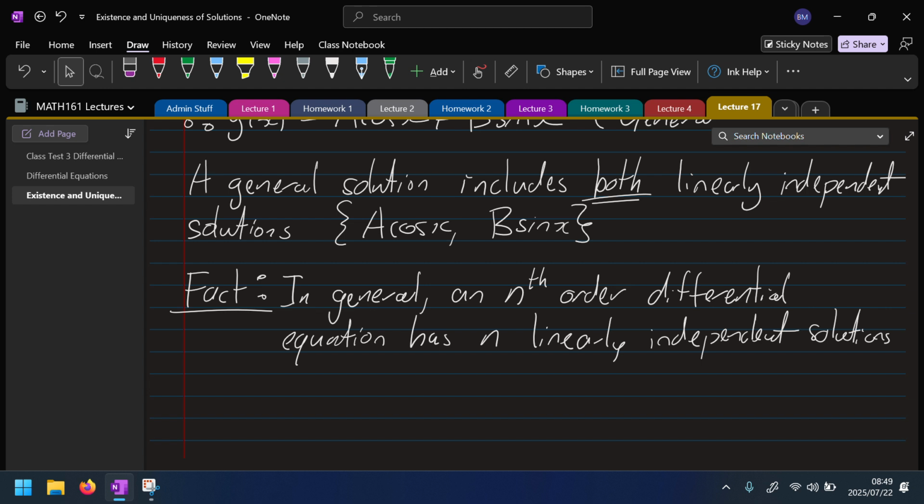Then your general solution will be the sum of the two. If I give you a third order differential equation, then you will have, in general, three linearly independent solutions, and then your general solution will be the sum of the three. Okay. And again, this is in general, not always. Sometimes you won't have that, but you should expect, if it's second order, two linearly independent solutions.